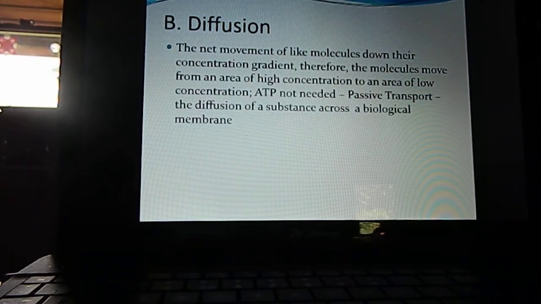Down a concentration gradient. If I were to go out and get a dead roadkill skunk, and I bring it into the lecture hall and place it in a waste basket, and then I let it just sit there, the stink molecules would be really concentrated in the waste basket. But as time went on, those stink molecules would start making their way out into the room, until at one point they're all equally distributed in the room.